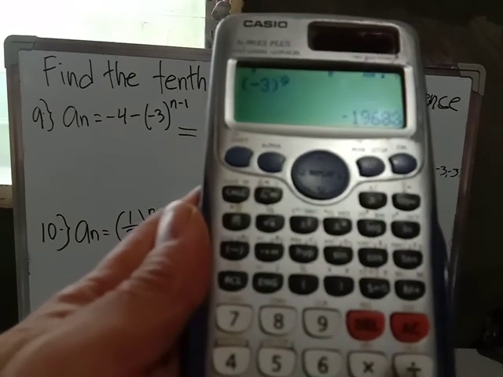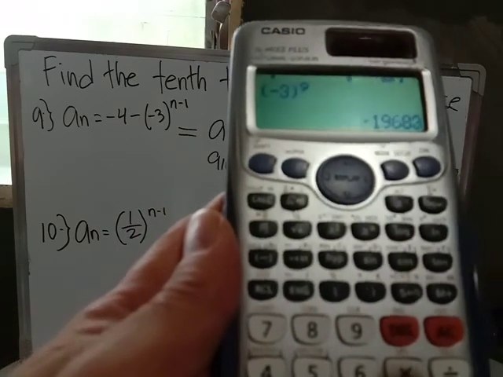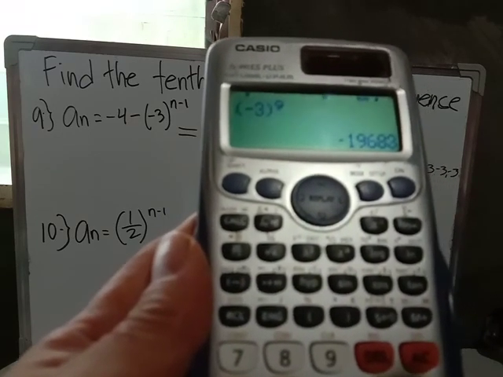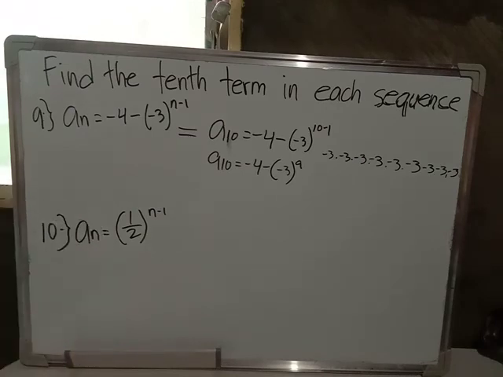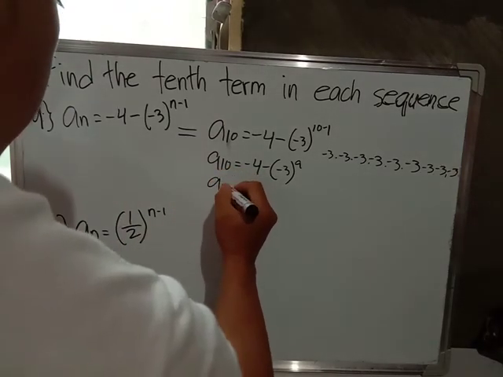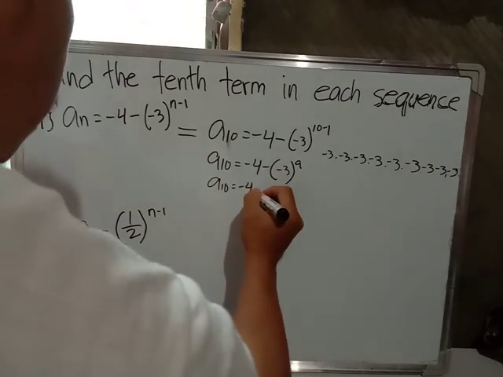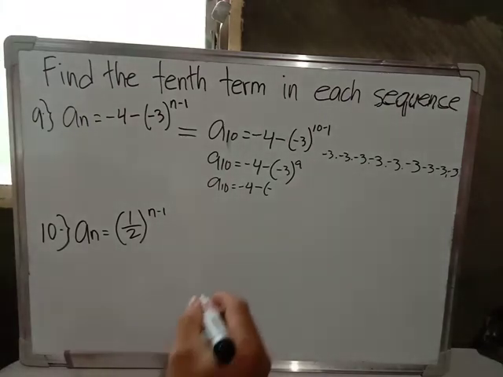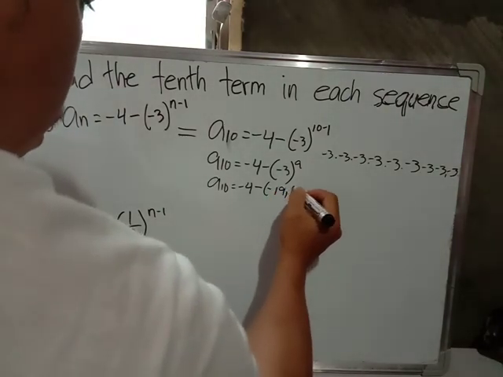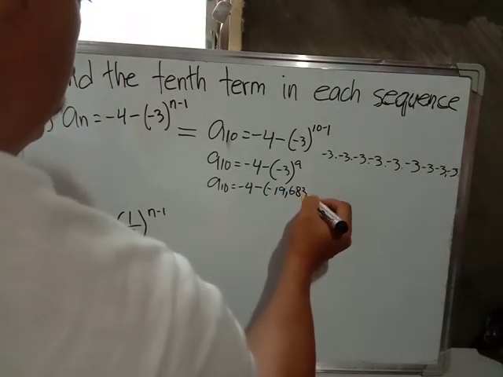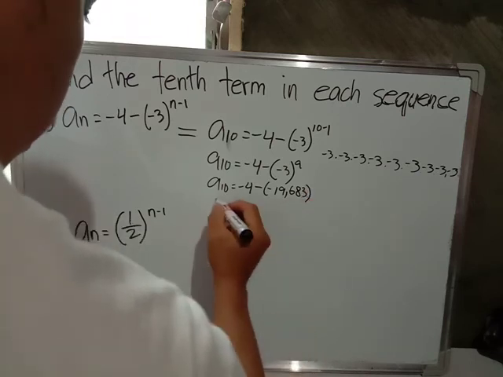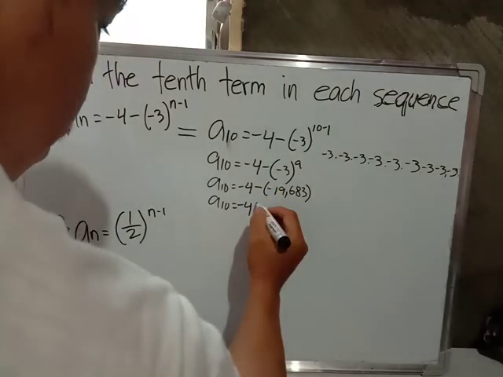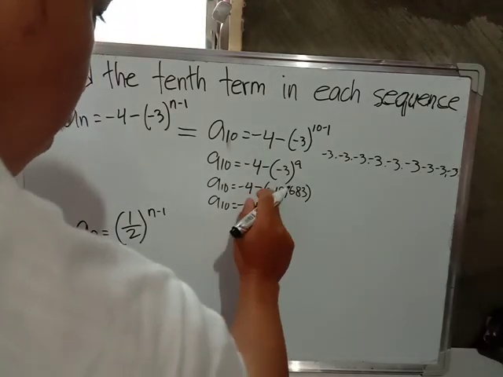So, negative 19,683. So, a10 is equal to negative 4 times negative 19,683. Negative times negative, magiging plus.